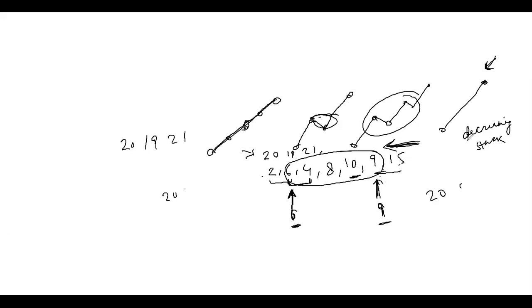Just trying to take the same example, here also we will figure out that 22 is the culprit. When 21 comes, we definitely know this guy is not at the right place.